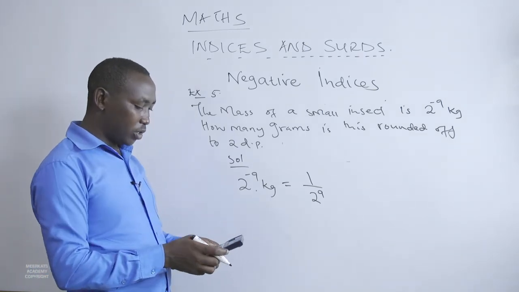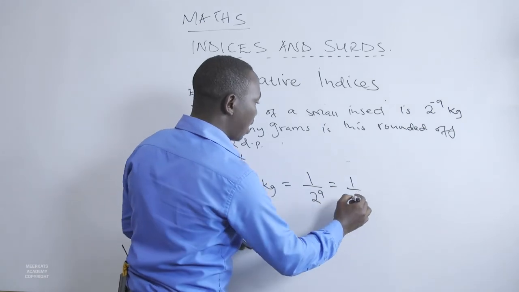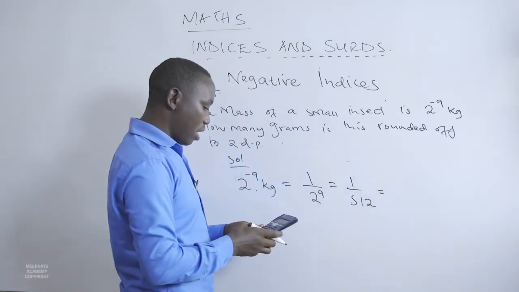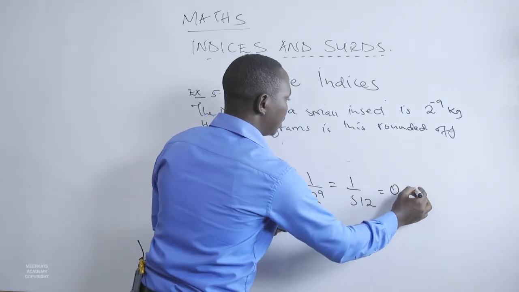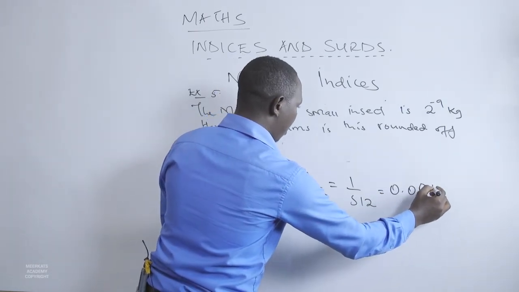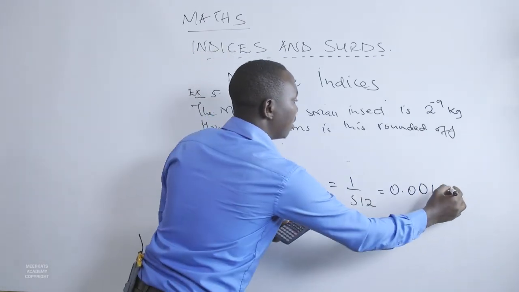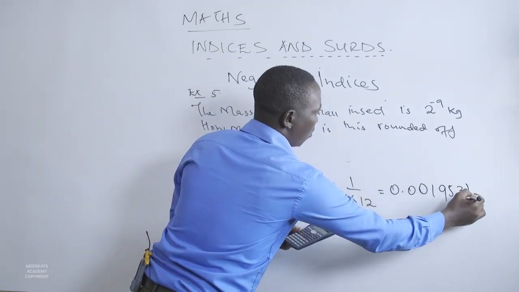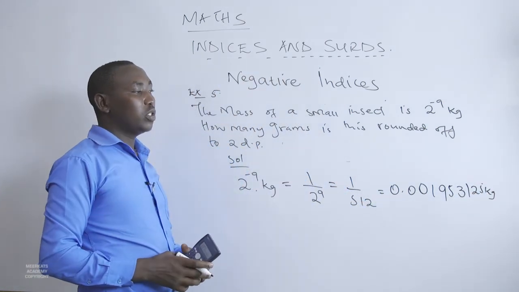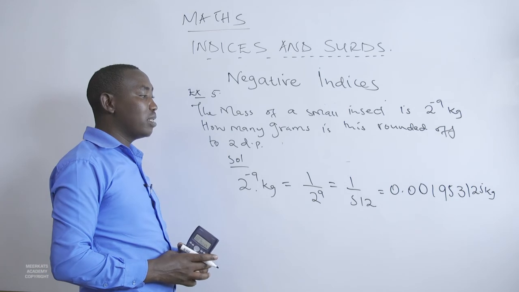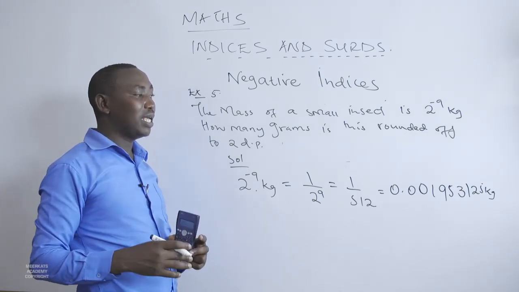When we evaluate 2 raised to 9, you will get 512, which will give us 1 over 512. 1 divided by 512 is 0.001953125 kilograms. We convert this to grams by multiplying by 1000, since 1000 grams makes up 1 kg.